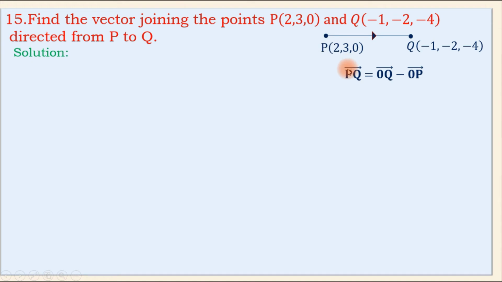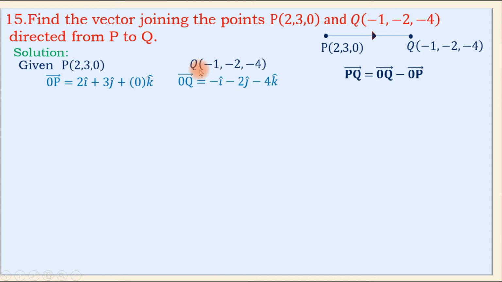So here PQ vector equals OQ vector minus OP vector, and given the point P is 2, 3, 0, its position vector is OP vector, that can be written as 2i cap plus 3j cap plus 0k cap, and the point Q is given minus 1, minus 2, minus 4, and its position vector is OQ vector equals minus i cap minus 2j cap minus 4k cap.